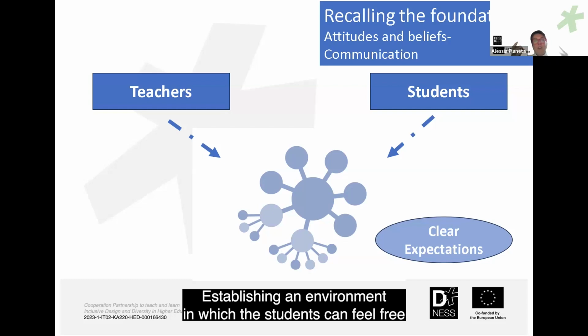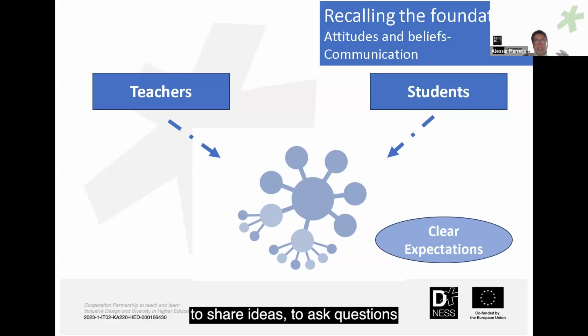Establishing an environment in which the students can feel free to share ideas, to ask questions, to try out their opinions and ideas, as Luca pointed out with his example during Module 1.